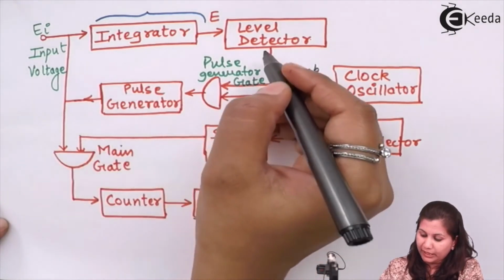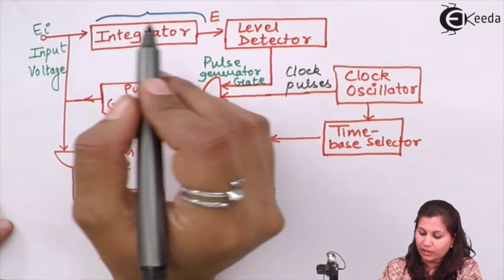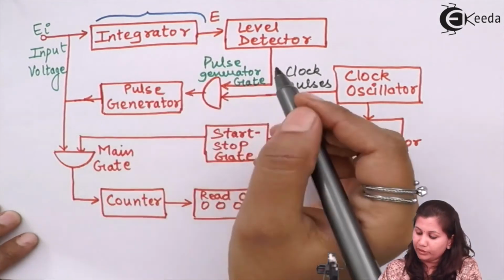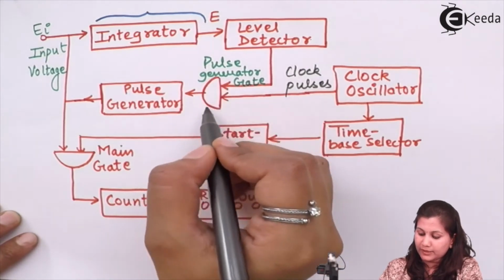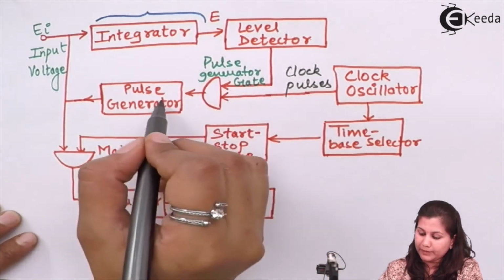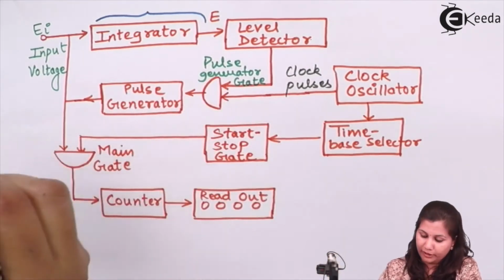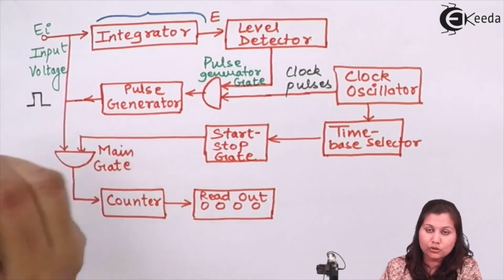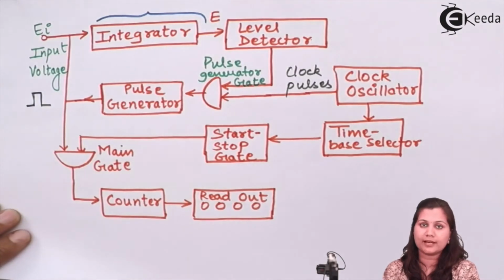So every time the output voltage is equal to the reference level, this gate will be open and clock pulses will be passed through the pulse generator. So every time a pulse will be generated here, which is of fixed amplitude and fixed width.